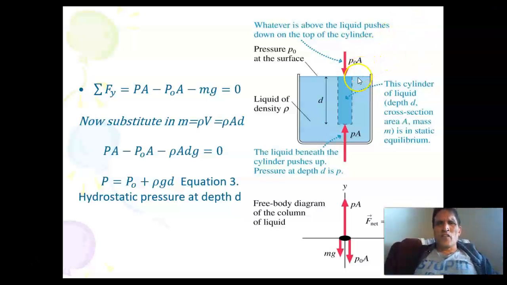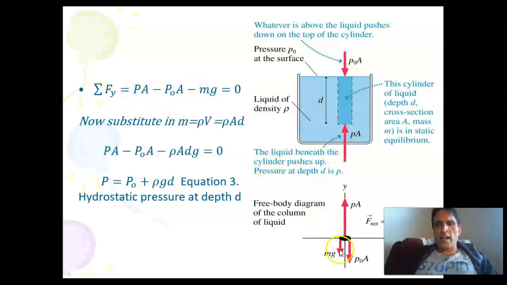And there's an additional force exerted on the fluid due to its weight, m times g, where m is the mass of this little parcel of fluid, and g is the gravitational constant. If we choose the upward direction as positive, there's an upward force P times A, and then there's two downward forces.